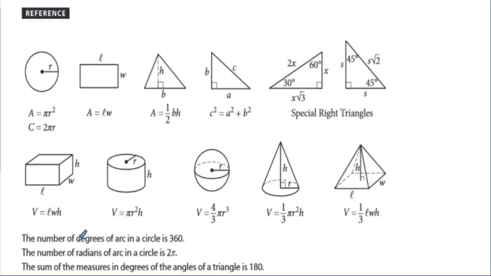Then down at the bottom, just some important facts about degrees in an arc, radians, and that the sum of the measures of a triangle is 180. If I were to summarize it, it looks like we have primarily area, volume, and then a little bit of trigonometry. These 3 right here are all triangle related, and then they give you the circumference of a circle.